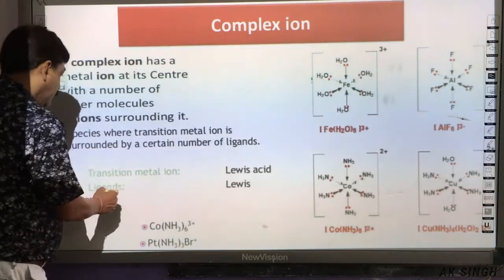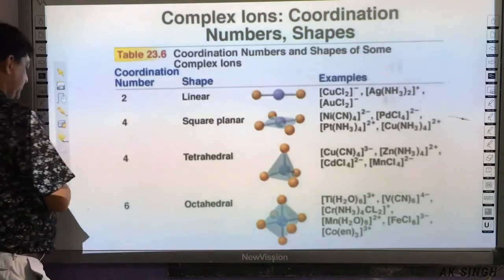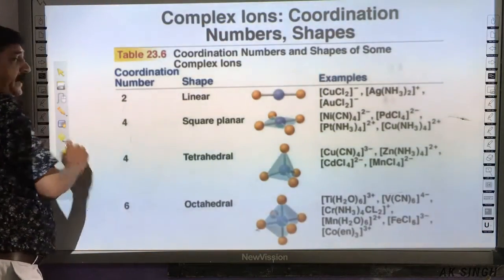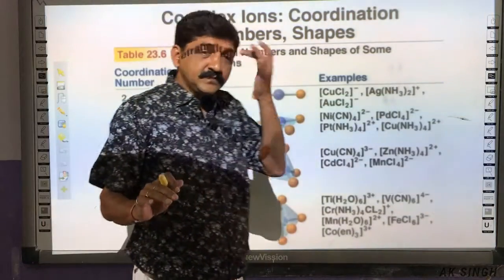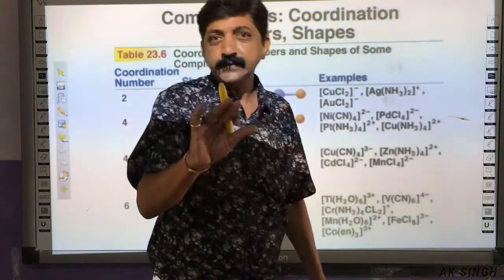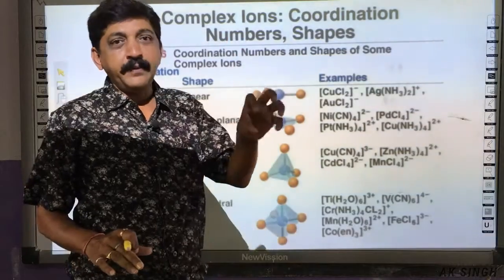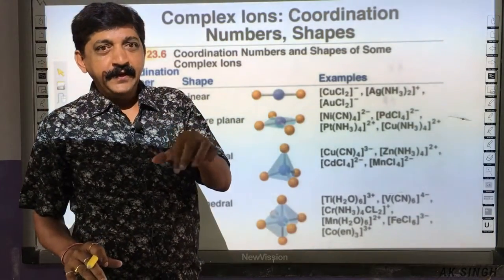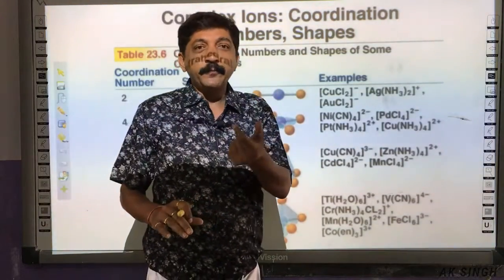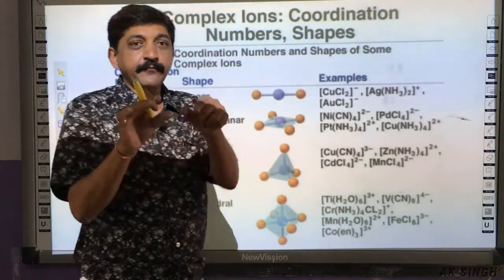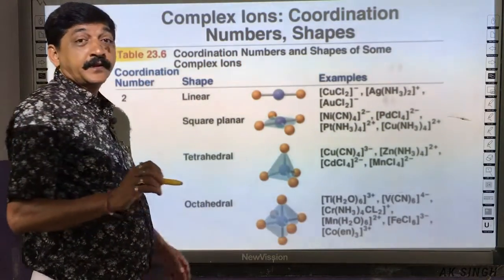Overall, ligands act as electron donors, that is Lewis bases, while the central metal atom or ion accepts the electron pair from the ligands, therefore acting as a Lewis acid.